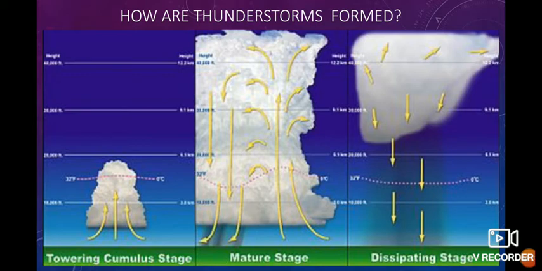The formation of thunderstorms can be divided into 3 stages. First is the formation stage. Here, as we already discussed, hot air keeps rising up, and when it reaches the upper parts of the atmosphere, it cools and cloud formation keeps taking place.